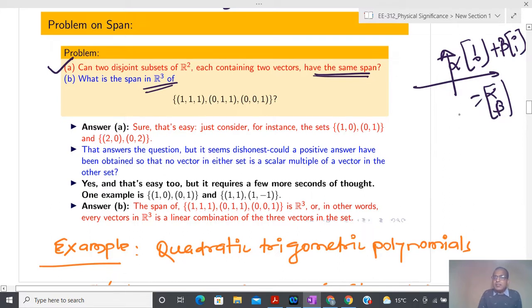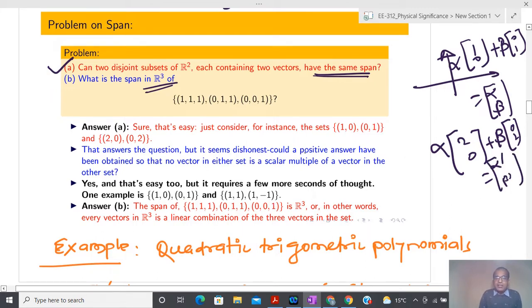Similarly, if I just scale it, I can also land on the same conclusion: if I select alpha and beta like this, then I can represent any point alpha dash and beta dash of this two-dimensional space. But that is not the honest answer, because I am asking whether there exist two different disjoint sets of vectors. The honest answer is like this.